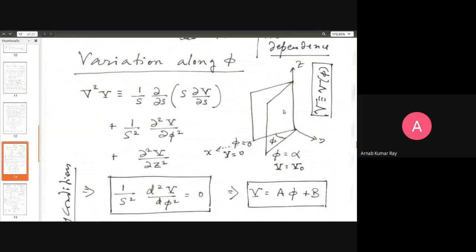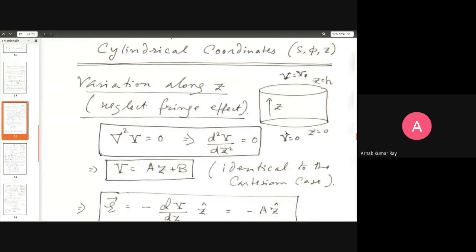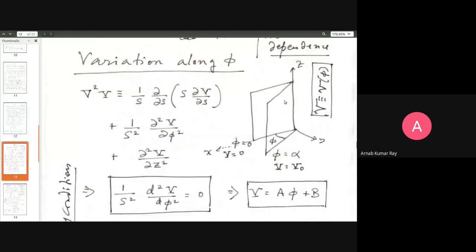When you talk about the variation of the phi variable, you are talking about a door, as in the door of your room. This door is shut. This here is opened up by an angle alpha. The surface is still flat, and the periphery is like a rectangle, as opposed to the previous case where the periphery was a circular circumference.